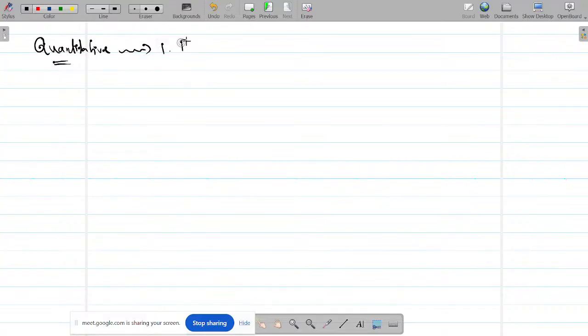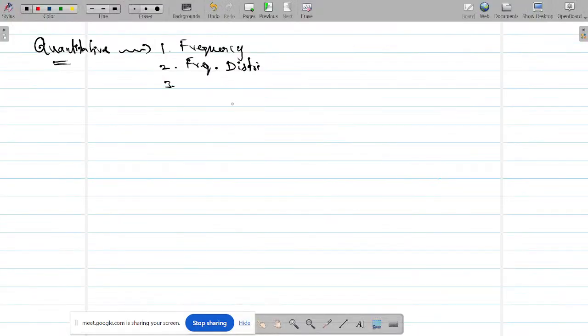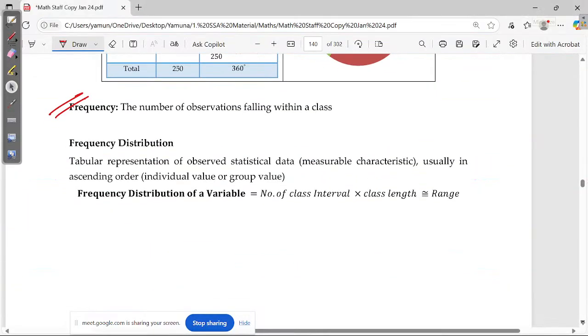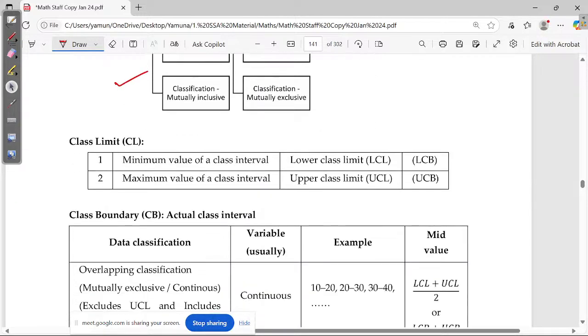Yes, first heading, what do you mean by frequency? Second heading, yes, can you help me out? Frequency distribution, yeah. Third, variable, okay. That's okay. Next one, this chart, can discuss later.